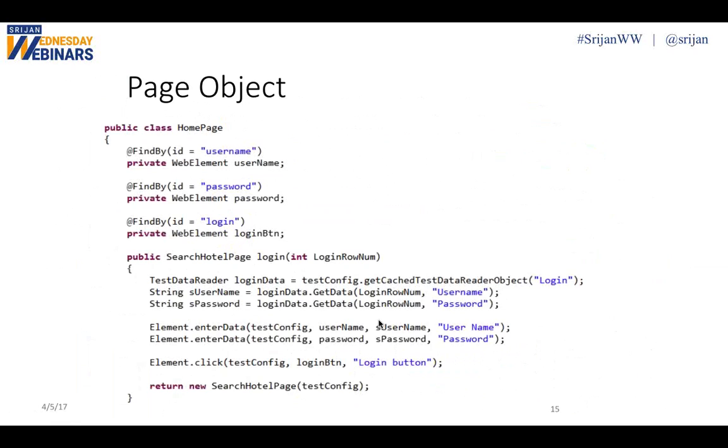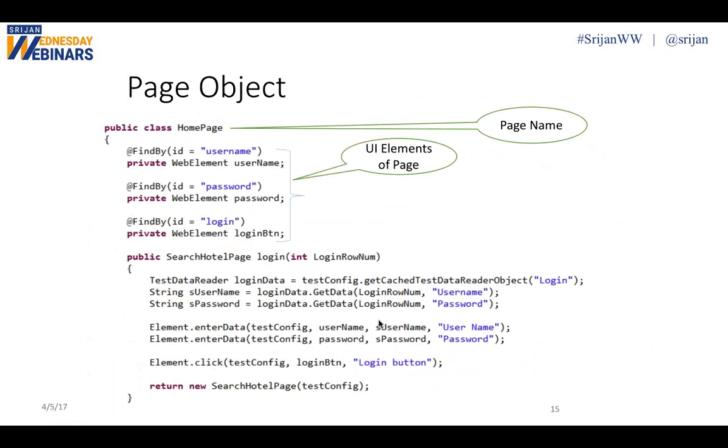And on the home page, let's say you can do a login, so you create a login method in that class. So the page name of the application corresponds to the class name. The UI elements present on the page, for example the username, password, or login, will be the UI elements of the page. And whatever actions you can perform on the page will become the methods of the class.